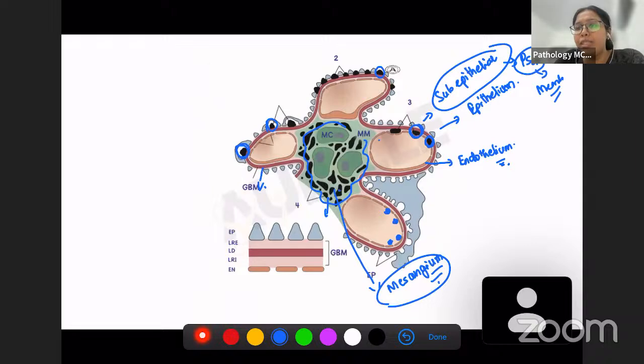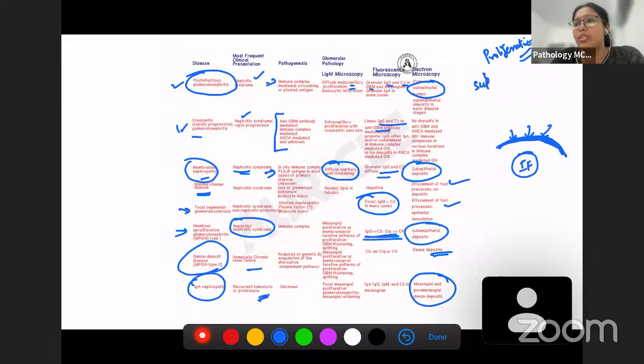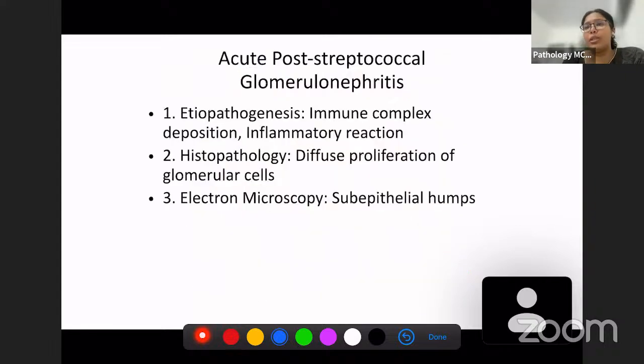So whenever you see mesangial deposits, it's going to be IgA nephropathy. Okay. So these are the few things which you have to remember. There are subepithelial deposits, humps, seen in PSGN, subepithelial deposits in membranous nephropathy, subendothelial deposits in membranoproliferative disease, and then paramesangial and mesangial deposits in IgA nephropathy.